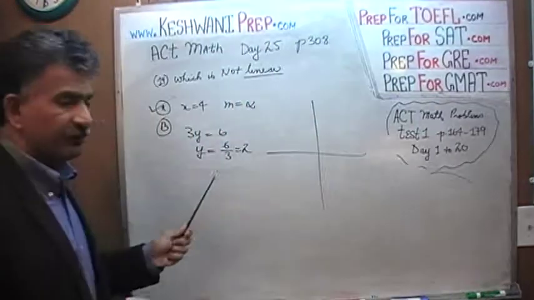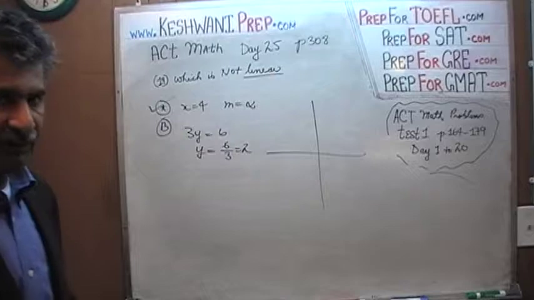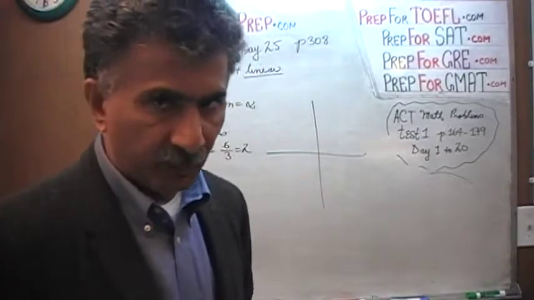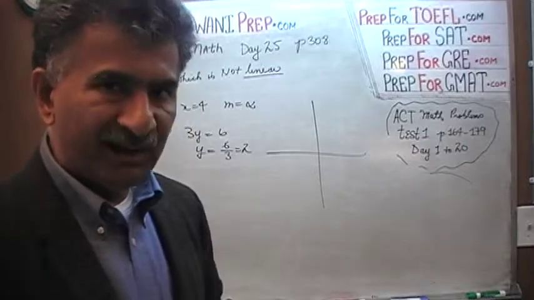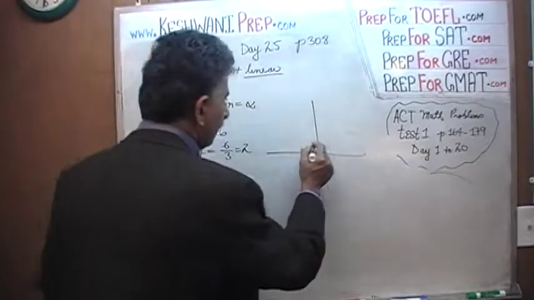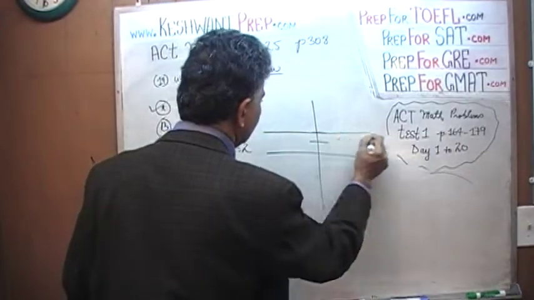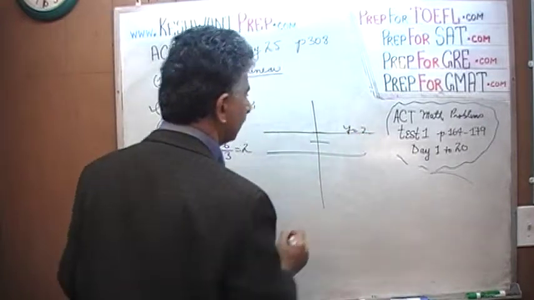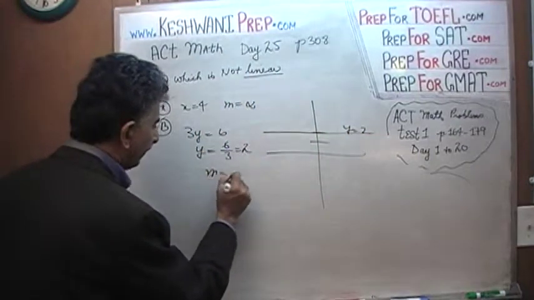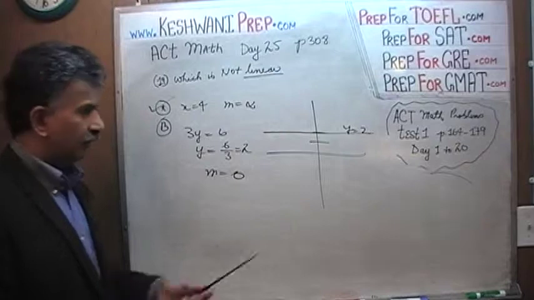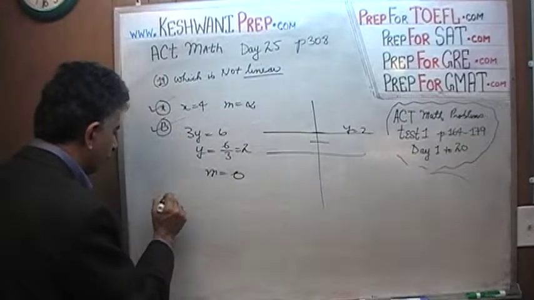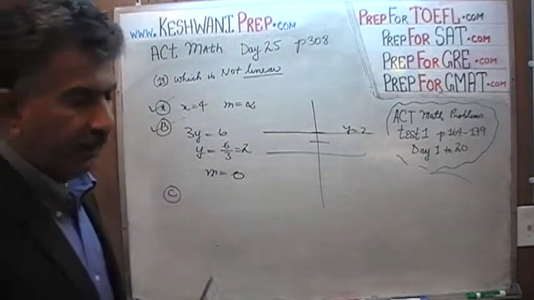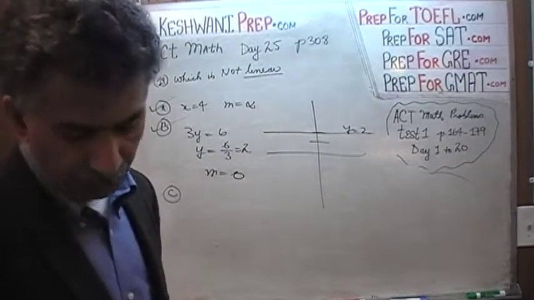It doesn't matter what the x coordinate of a given point is. It plays no role at all. Y is always 2. And the slope of this line is, of course, a big fat 0. It's a horizontal line, but it is a straight line. It is an equation of a line.